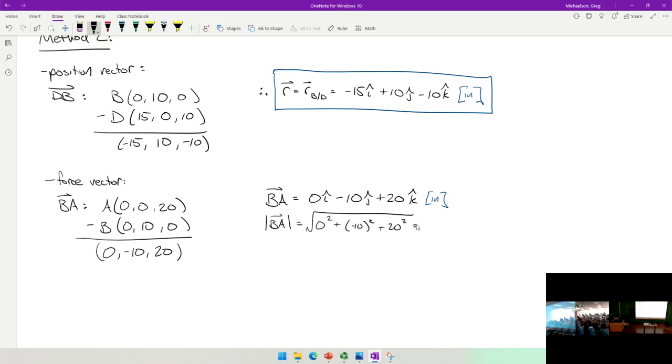All right. And given the time frame, since we're running out of time in the class, I'm going to go ahead and give you this one. This one ends up being something like 22.361 inches. That should be pretty straightforward.